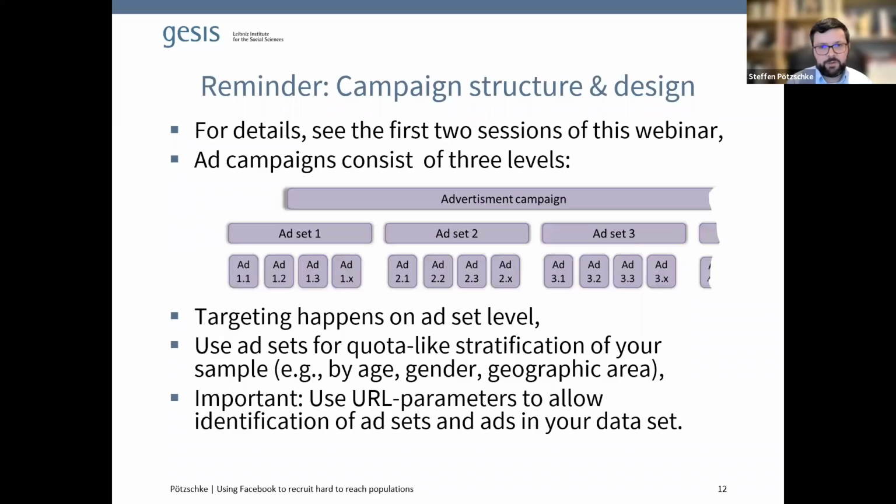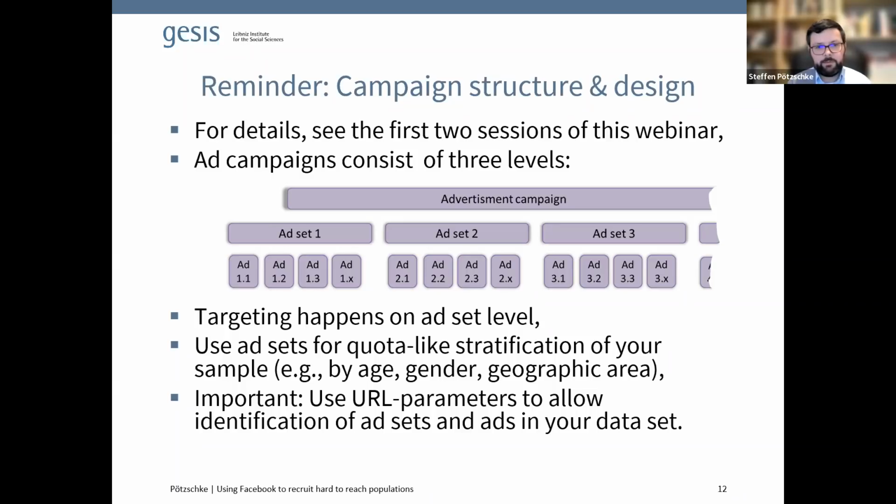Quick reminder. To follow what I'm about to present or to fully understand it, it's important to remind ourselves what advertisement campaigns are actually structured like in Facebook. When you want to run advertisements, you create an advertisement campaign which can feature one or more ad sets, and then those can feature one or more advertisements each.